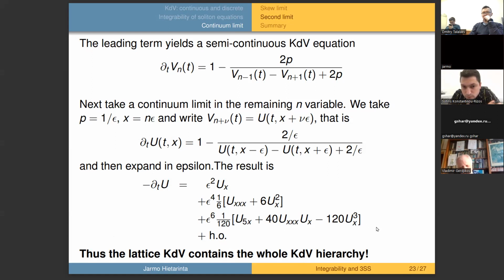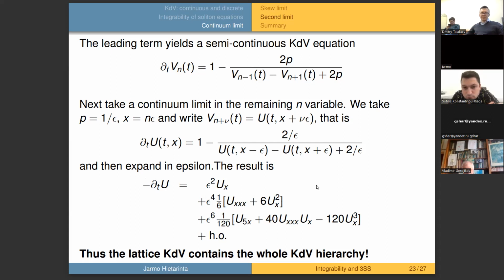We started with KdV, we went to the lattice form, then we took the continuum limit, and we are back in KdV, but actually we have the whole hierarchy. Of course, we can now expand this t as t0 times epsilon squared plus t1 plus t2 and so forth, or 1, 3, 5, and so forth.